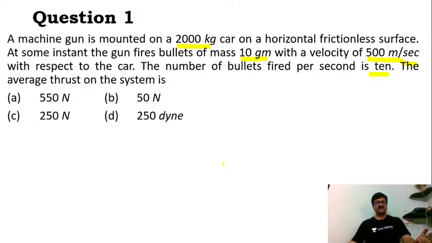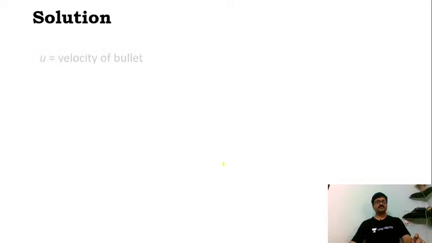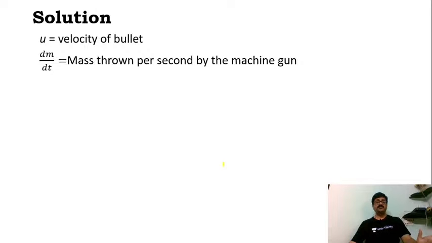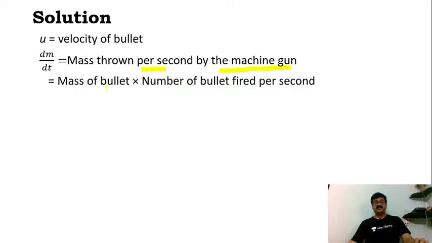Let me just go ahead and take a look at the calculation now. u is the velocity of the bullet, if I take. Then dm by dt is the mass of bullet thrown per second by the machine gun. That is nothing but mass of bullet into number of bullets fired per second, is it not?